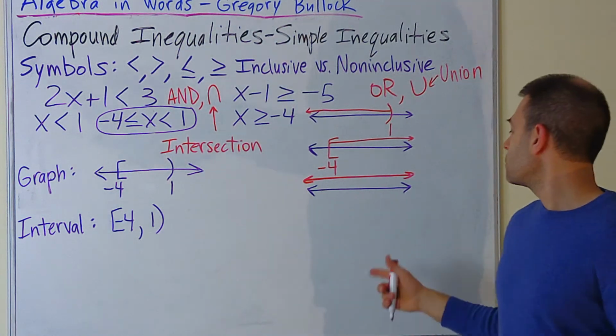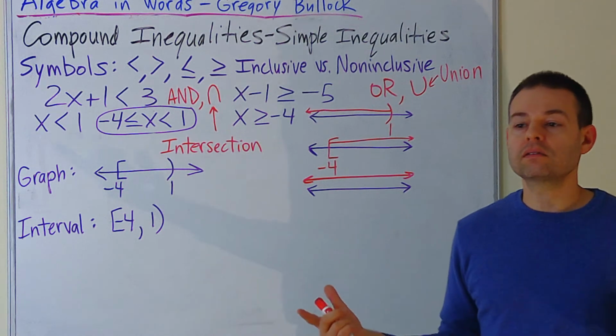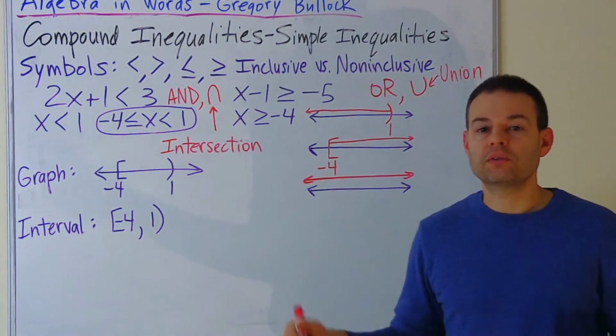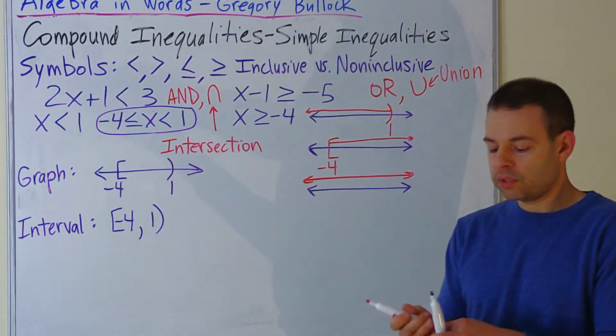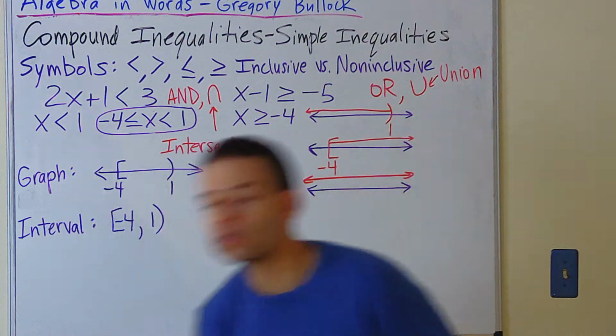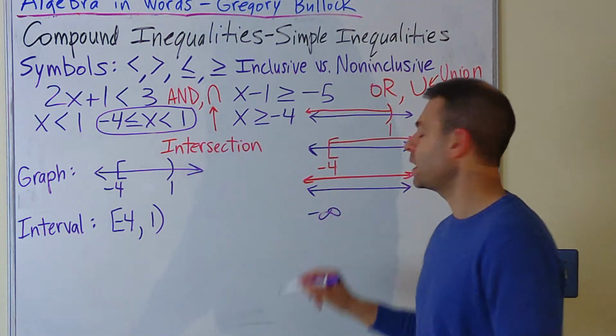So the way that you would indicate this is, let's show it as interval notation. And the way that we would show it is starting on the lowest value on the left, which would be negative infinity. So we would draw negative infinity like this.